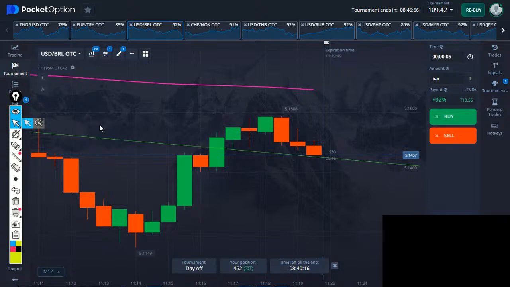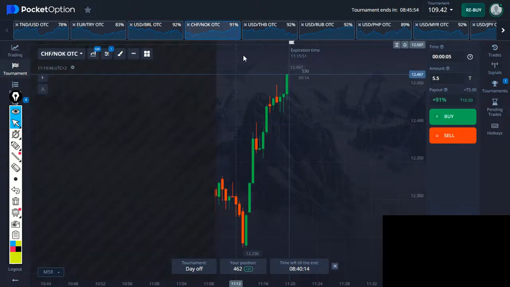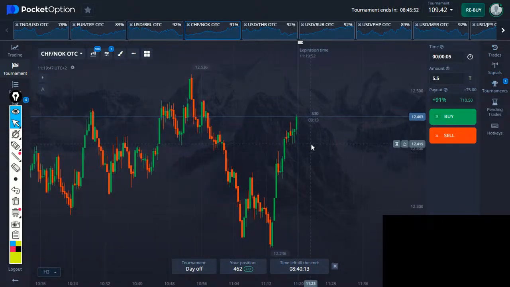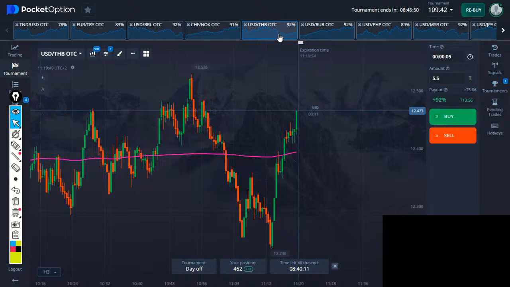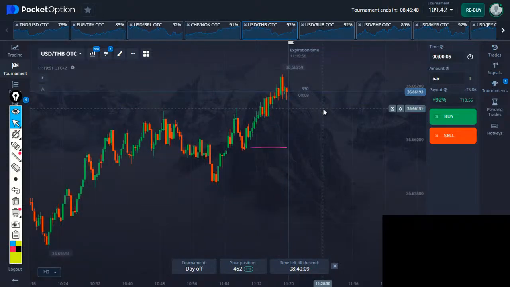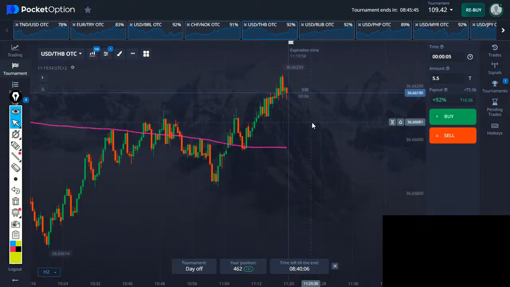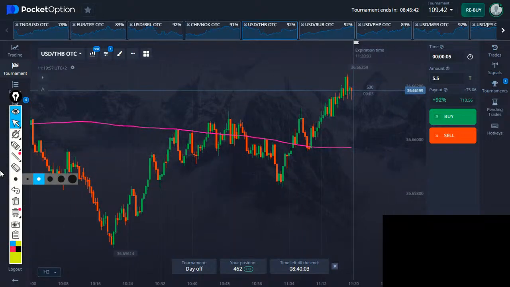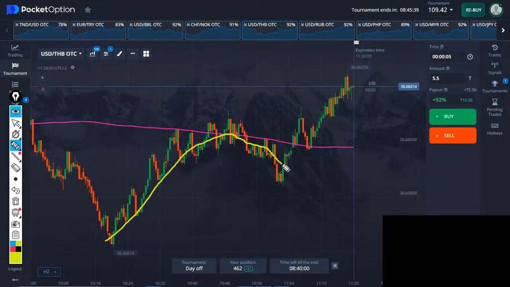So I'll go ahead and find another pair. Let's see something clearly trending. So here we have a beautiful uptrend. Let me draw a line just to make sure.